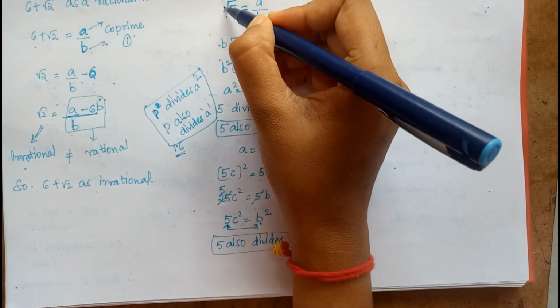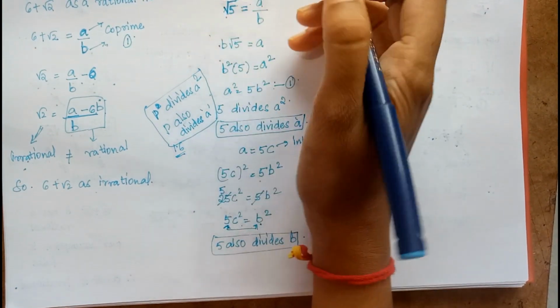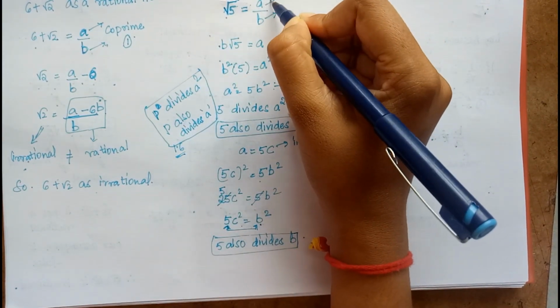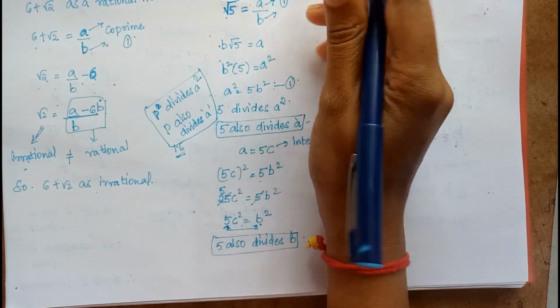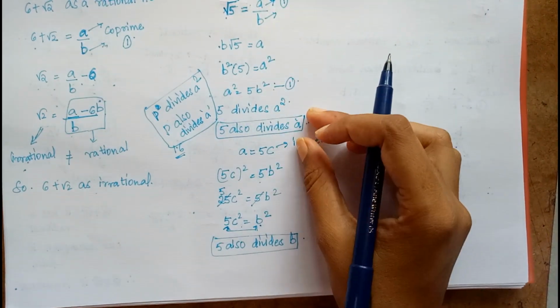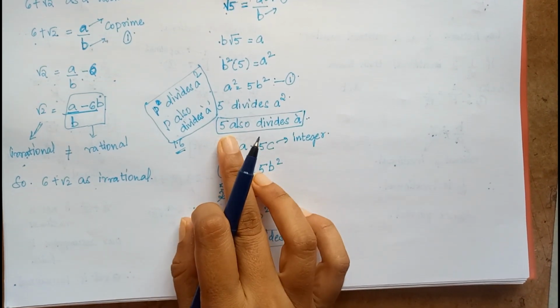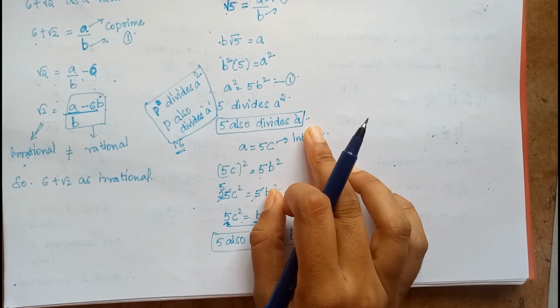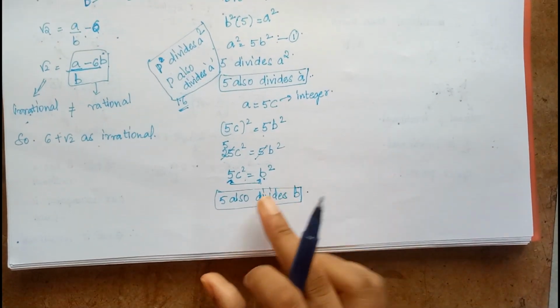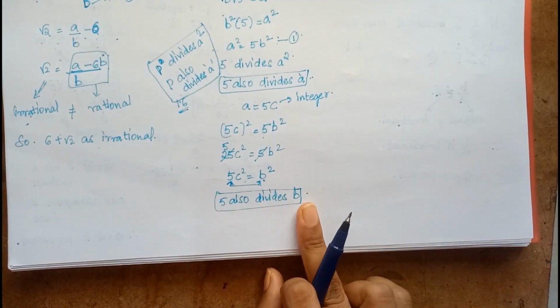But for root 5 to be a rational number, there must exist only the common factor 1, not other than 1. Here 5 is a factor of a, and 5 is also a factor of b.